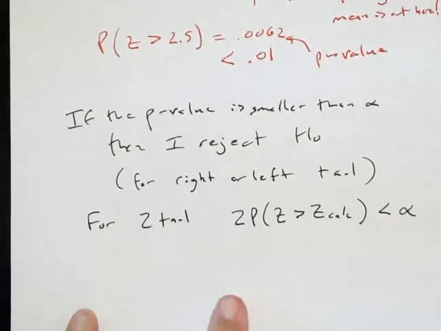I want to compare not just the probability, I want to compare twice the probability for a two-tail. The p-value tells me the chance that my mean could be that far off randomly. There's only a 0.6% chance that you would randomly get a number that high, 3.59, if your average really was 3.5.